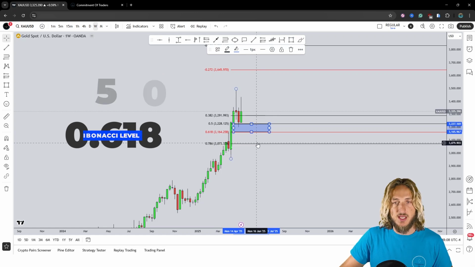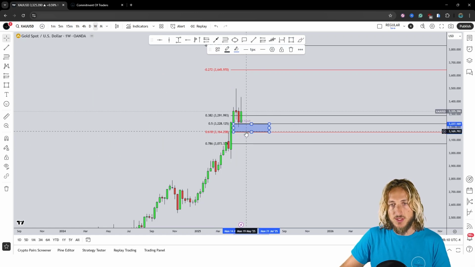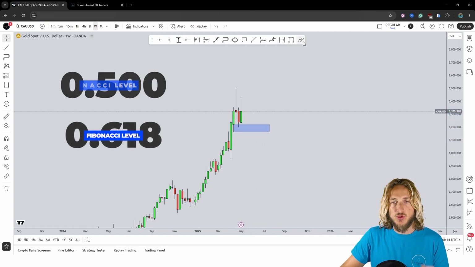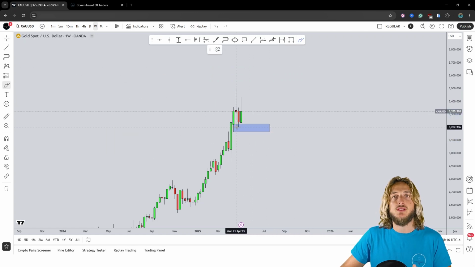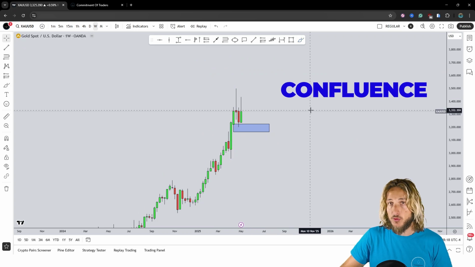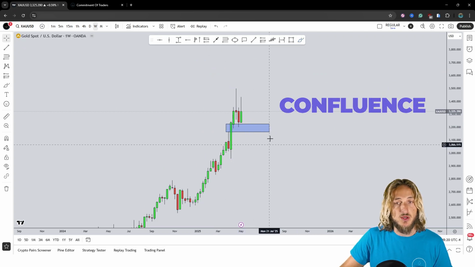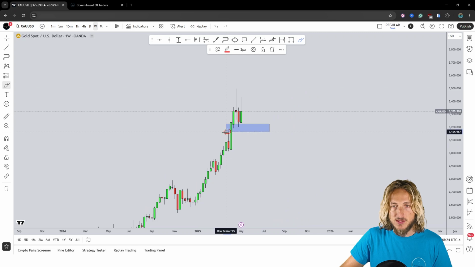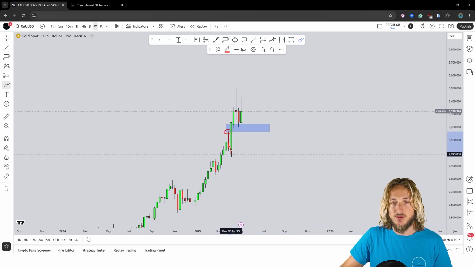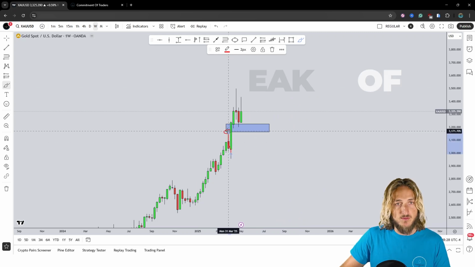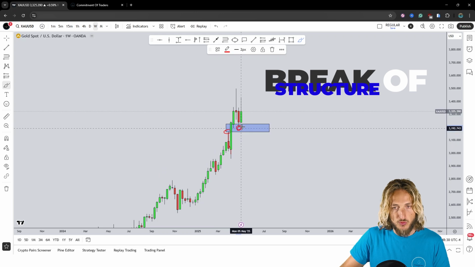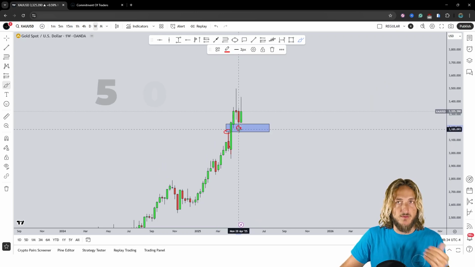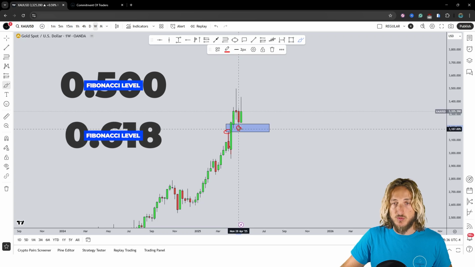Now, why has the market stopped exactly in between the 50% and 0.618? Because usually the market retraces to the area which is in a confluence of support zone. In this case, that was precisely the case, because exactly from this zone, the previous rejection to the downside started. So this was previous weekly resistance turned support from a structure perspective, and also we had the 50% and 0.618 retracements.